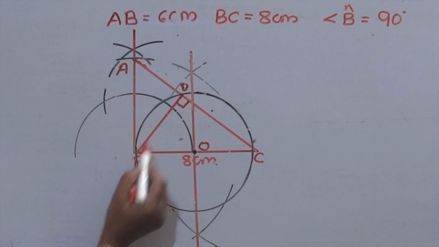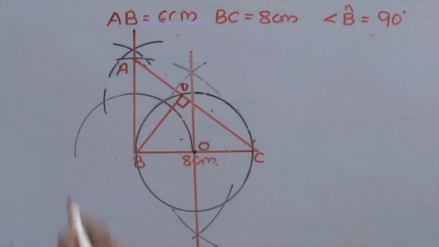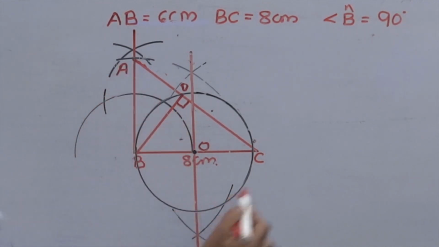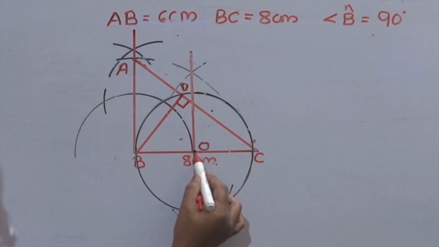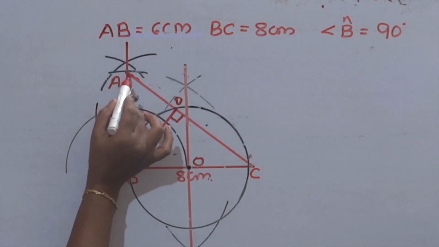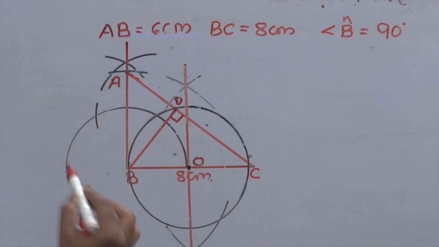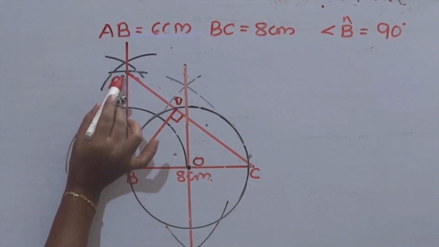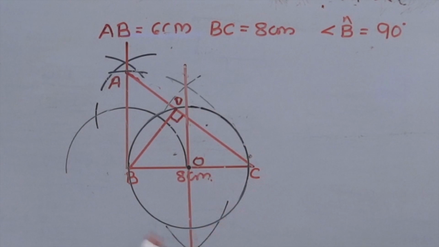So we have BD perpendicular to AC. Now our work is to draw 2 tangents from this point A to this circle of center O. Already we have one tangent AB. Now our work is to draw one more tangent from this point A to this circle.